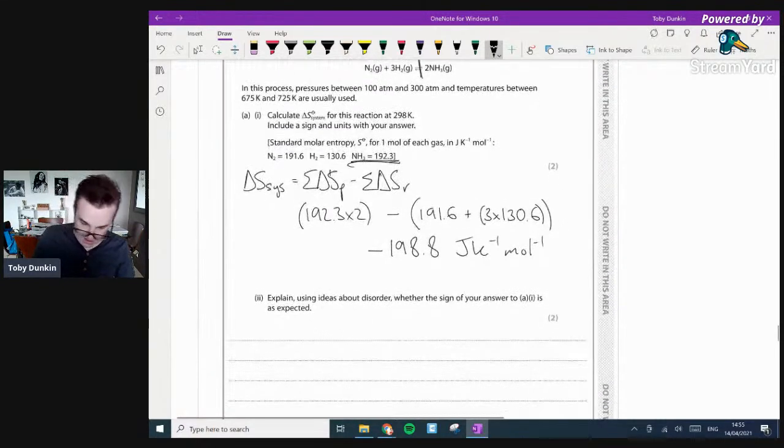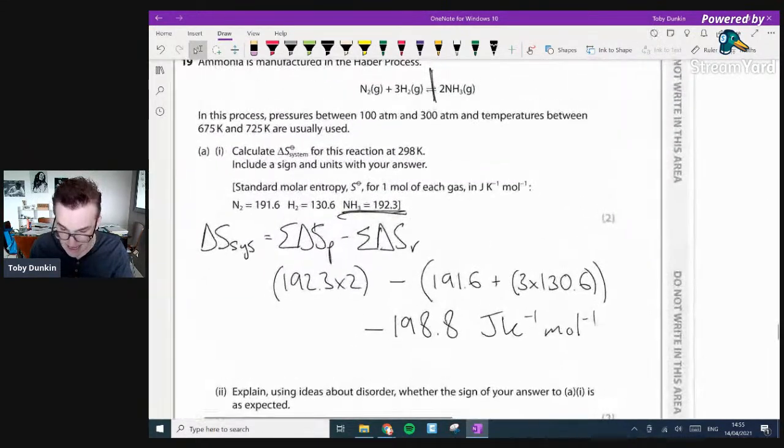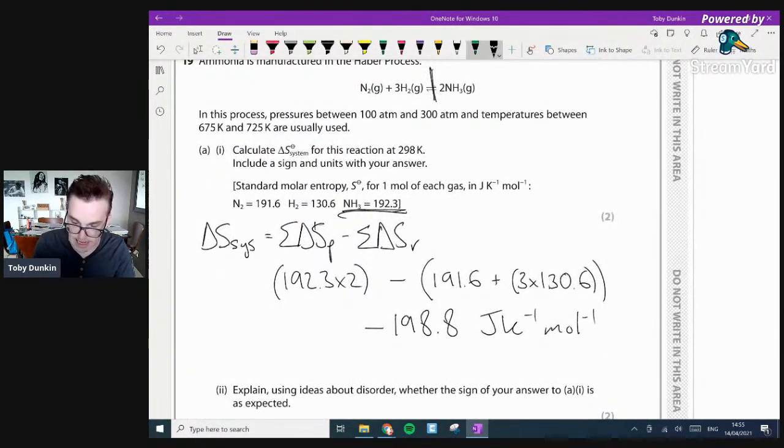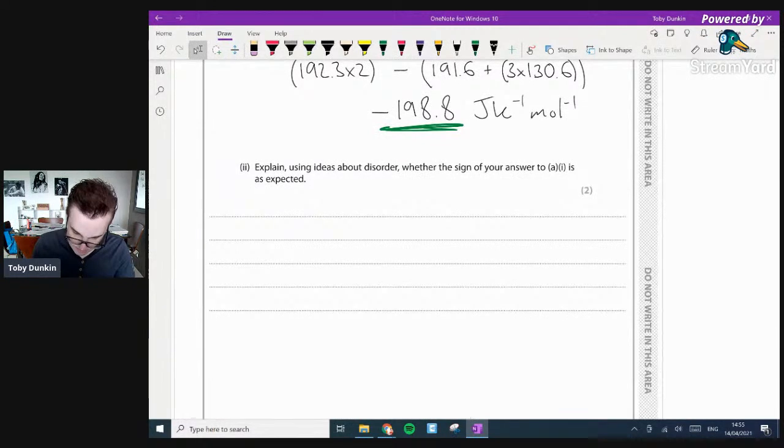Explain using ideas about disorder whether or not the sign is expected. Totally expected. This is saying losing disorder. There are 4 moles of gas on that side, 2 on that, a massive drop in disorder. Yes, expected sign, 1 mark.